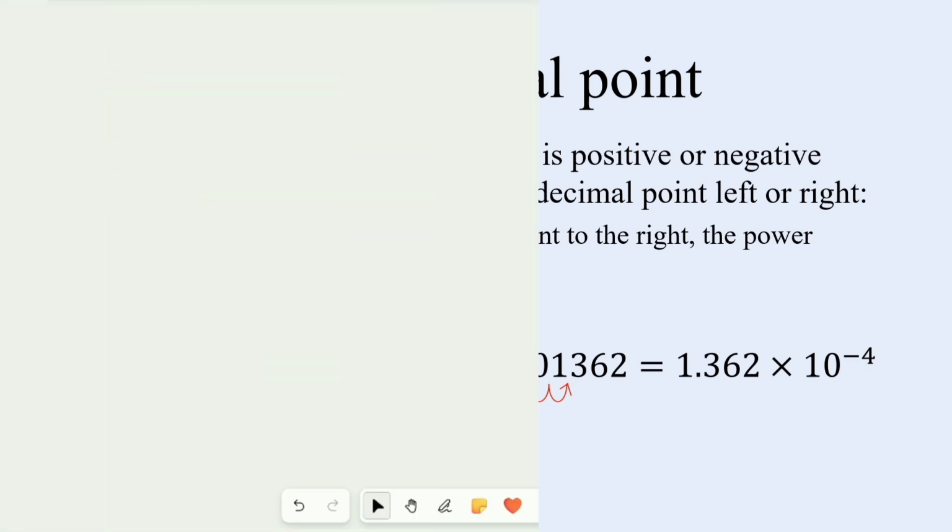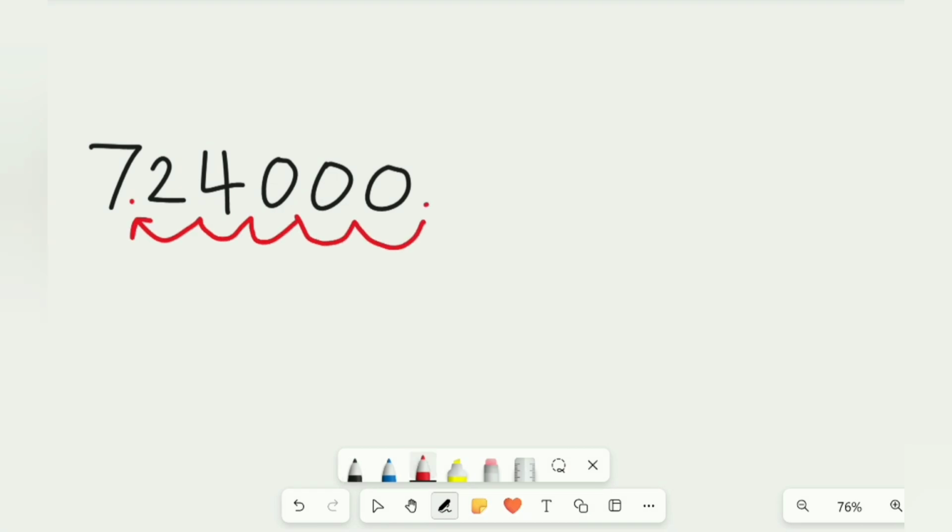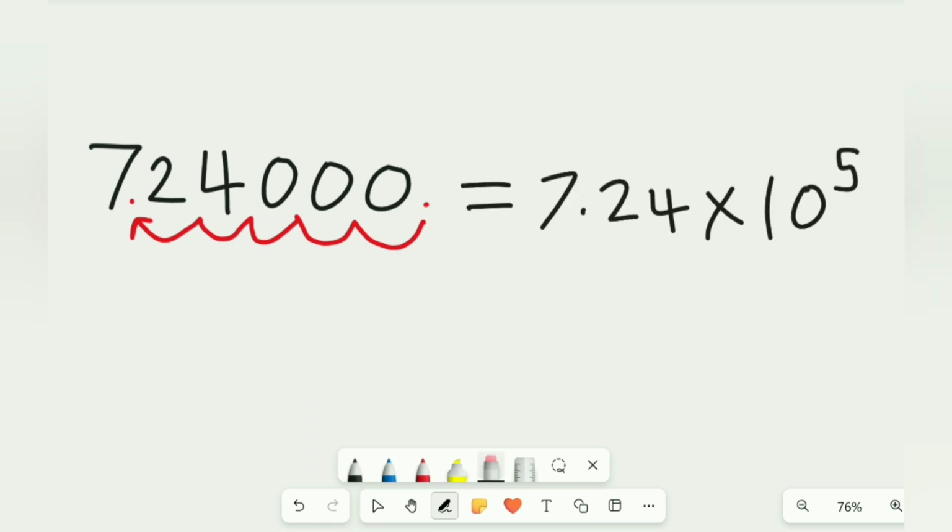Let's go through some more examples. Let's say we want to write 724,000 in scientific notation. In this case, we move the decimal point by 5 places to the left as shown. For this reason, the answer is 7.24 times 10 to the power of 5.